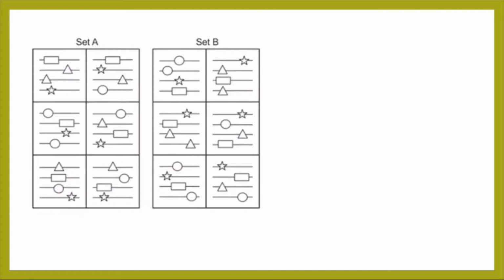Okay, moving on to this set, what you should see is there's a lot of the same shapes. In all of them, we have a rectangle, a star, a triangle, and also circles. This might not be in all of them, but in most of them, these are the only 4 shapes that are available.